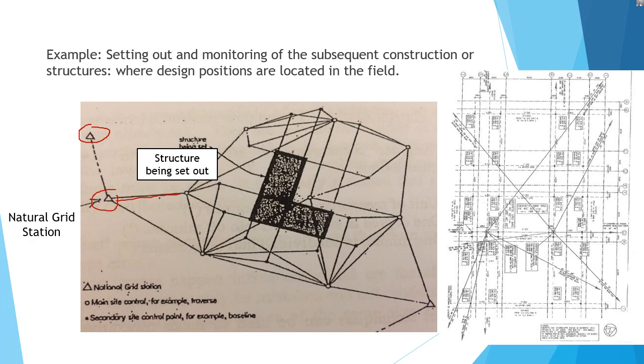For example, you know that the distance from each corner of the buildings here to the reference point, and you know the angle, for example, of this line compared to this line. So then you can determine the right position of this building. Make sure that you don't build it in another position.